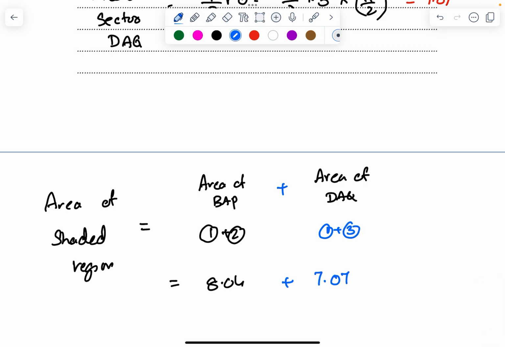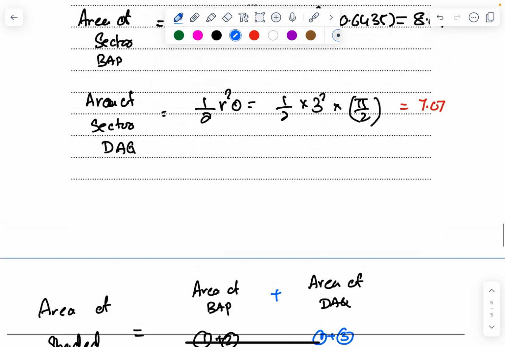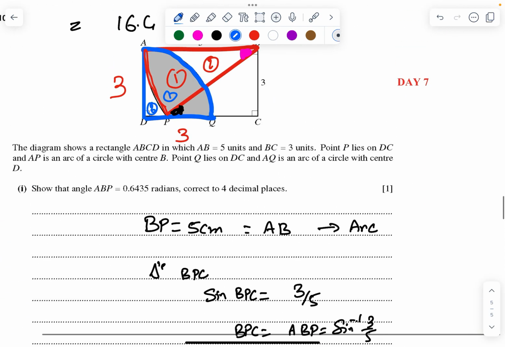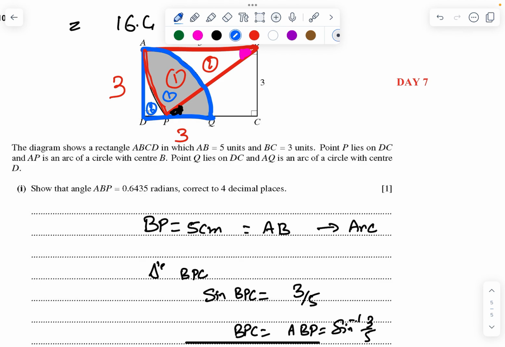If I add them, I can see that 1 is repeated twice, along with 2 and 3. I want only 1, but 1 is added twice. So what am I going to do?